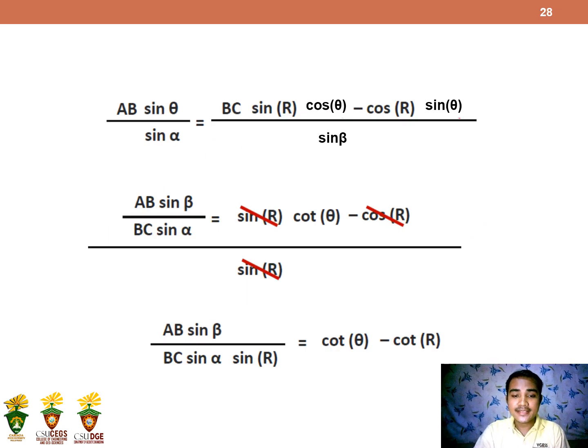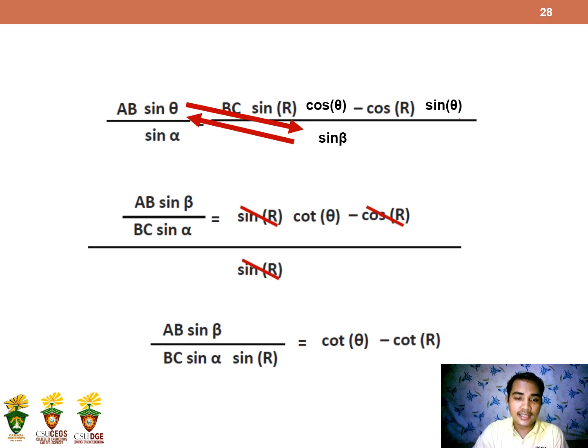After we have substituted the identity of the sine of the difference of two angles into our last equation, we can now have this AB sine theta all over sine alpha, that is also equal to BC sine R cosine theta minus cosine R sine theta all over sine beta. Next thing is we need to interchange sine theta and sine beta.